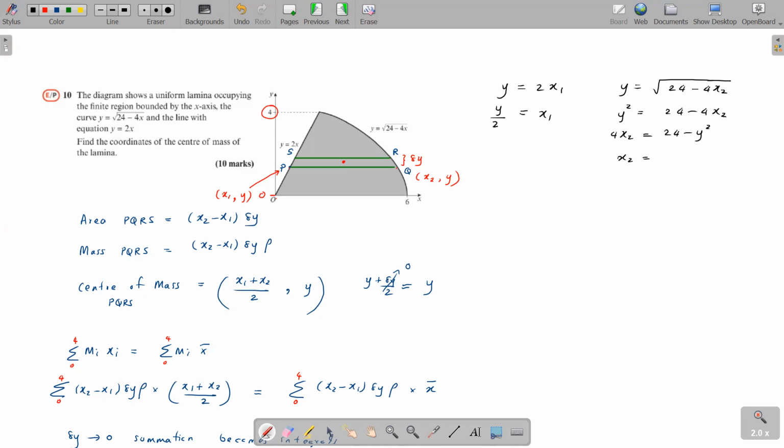So x2 is 24 minus y square divided by 4. All right, guys. Or you can write like this, 24 divided by 4 is 6, minus 1 over 4 y square. Is that okay, guys? 1 over 4 y square. Yeah. So we can substitute these values now, right?